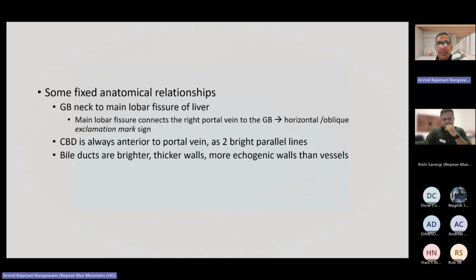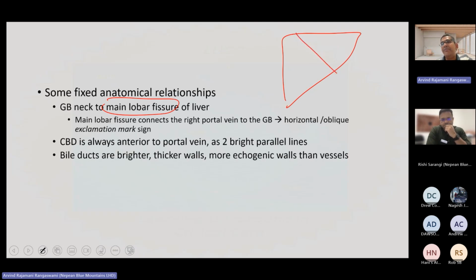So the neck of the gallbladder is identified by this fixed anatomical relationship. It is attached to the main lobar fissure of the liver. So the liver is split into the left and the right by a lobar fissure, and the gallbladder is essentially attached somewhere here. Okay.